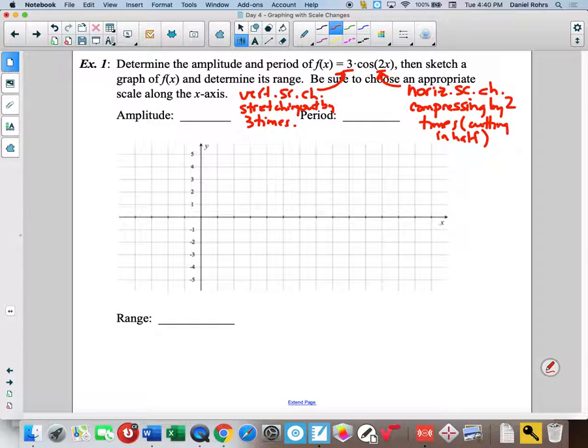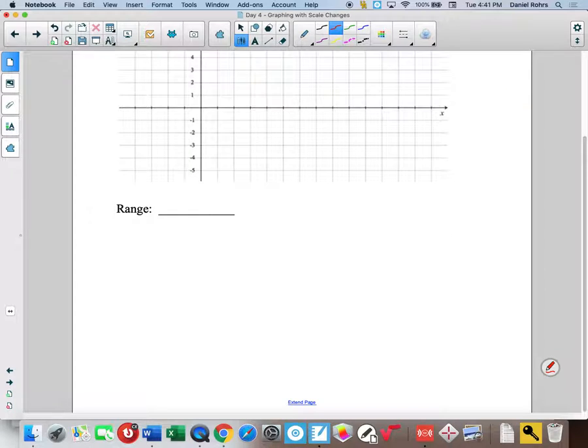Since this is the cosine function, we're going to go back to our 5 points. Our 5 points were 0, 1; pi over 2, 0; pi, negative 1; 3 pi over 2, 0; and then 2 pi, 1. And so the question is, how does this change those points?